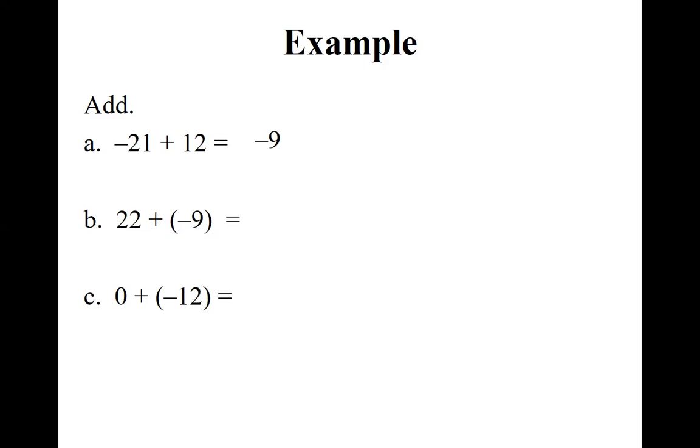In B, the 22 is larger, so our answer is going to be positive. 22 minus 9 is 13, so positive 13. C, the 12 is larger, the 12 is negative. 12 minus 0 is 12, so negative 12.